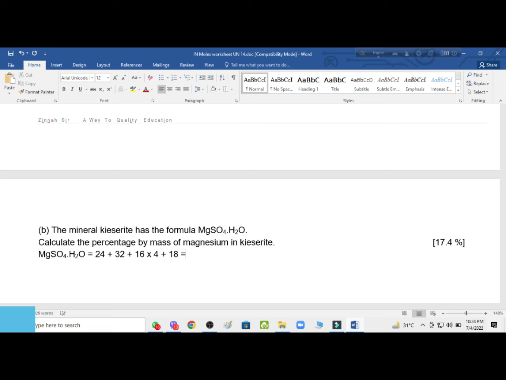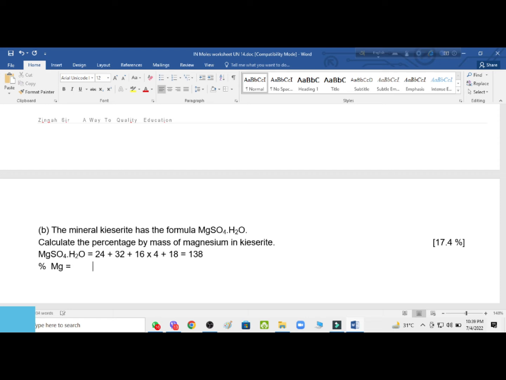If you add all of them together, what do you get? 16 into 4 gives 64, plus 18 plus 32 plus 24, right? Yes, 24. Together is 138.